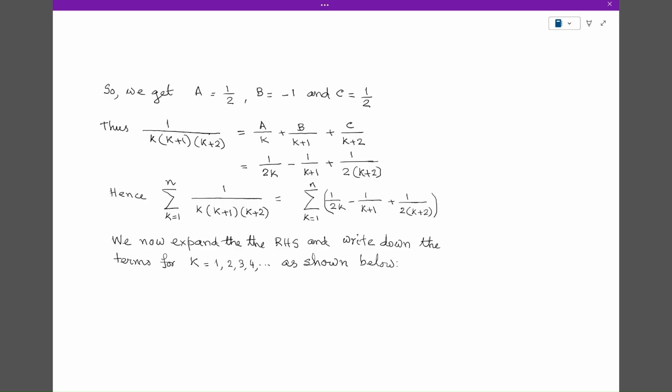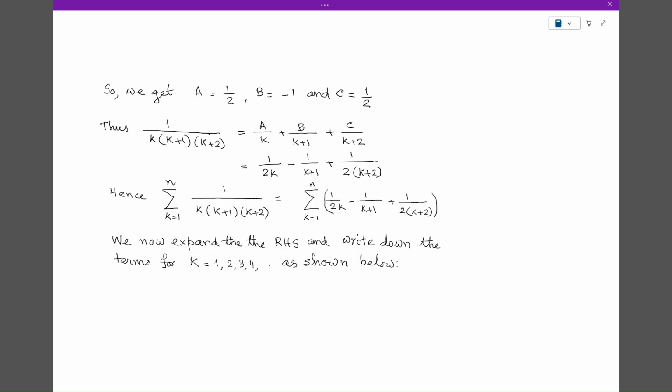Therefore, summation of this will become summation of k varying from 1 to n of 1 divided by k multiplied by k plus 1 multiplied by k plus 2, which is summation of k varying from 1 to n within bracket 1 by 2k minus 1 by k plus 1 plus 1 by 2 multiplied by k plus 2.